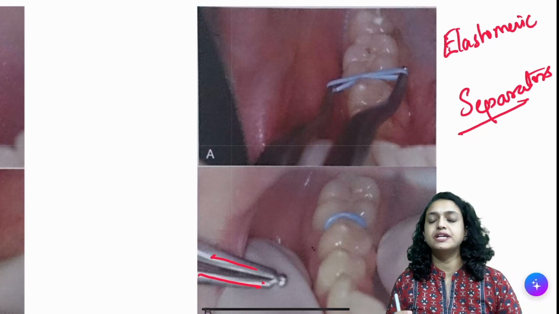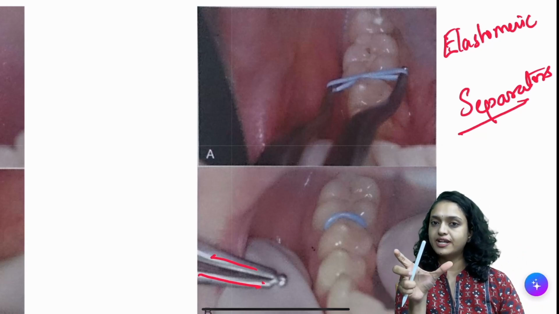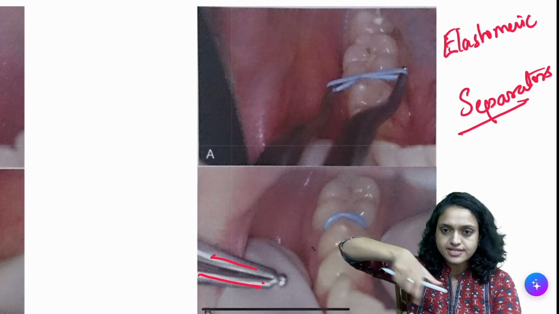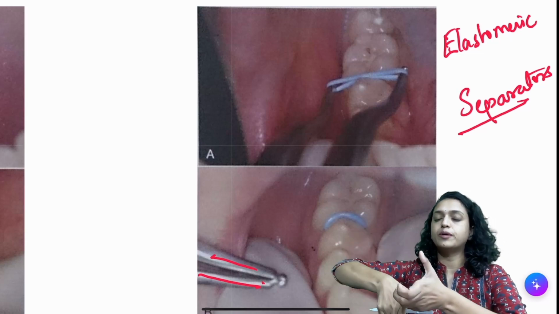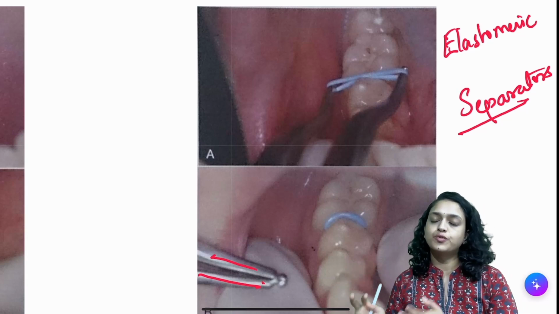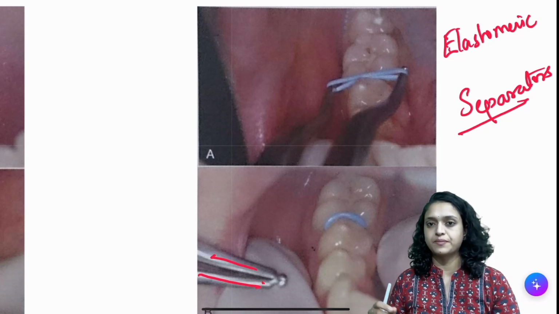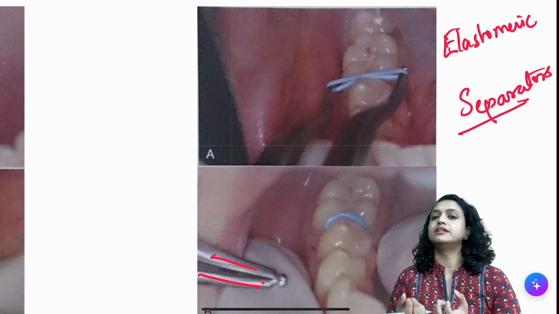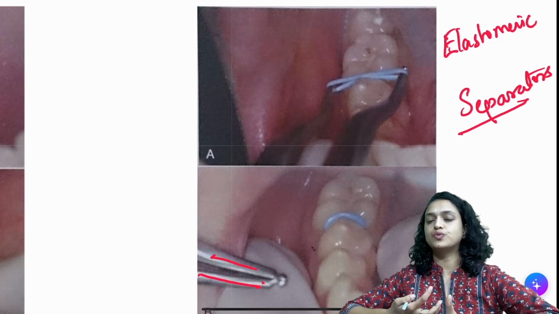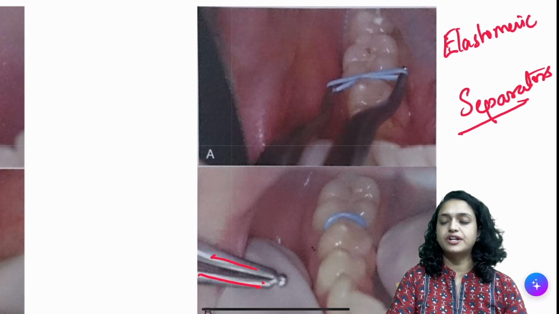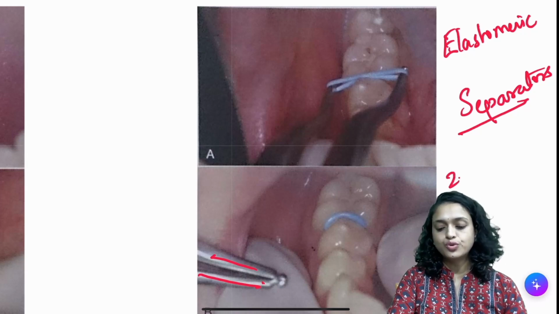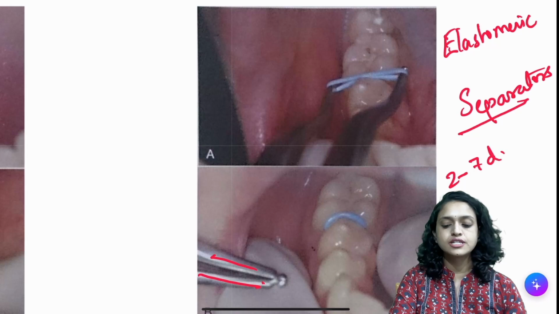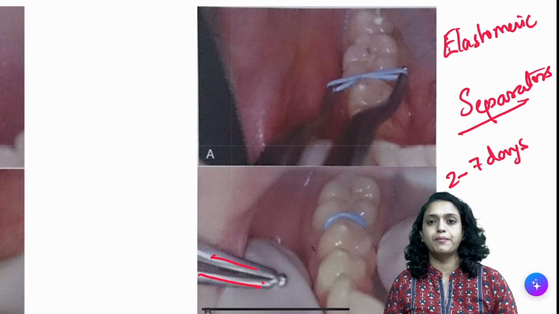The forceps expands the elastomeric ligature and squeezes it into the contact point of the tooth, and then you keep it for some time. This elastomer material absorbs water, swells up a little, and then pushes the teeth away from each other. This generally takes 2 to 7 days for the separation to happen depending on the tightness of the contact point.